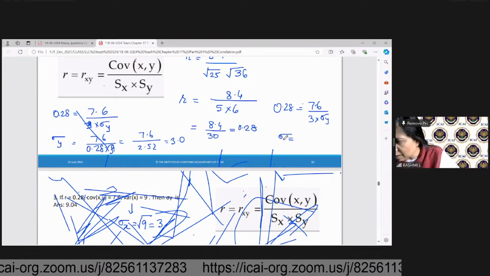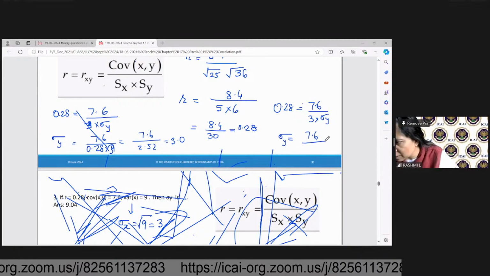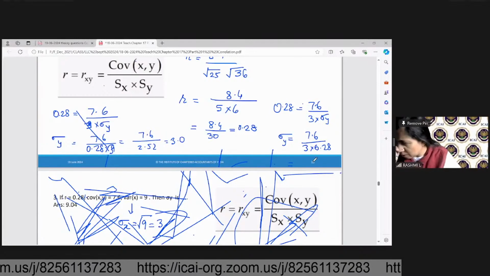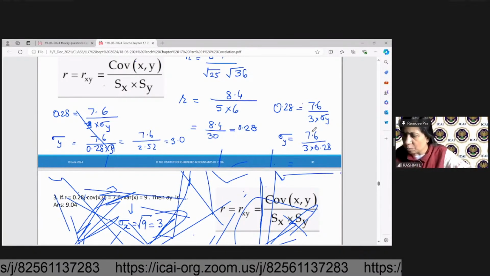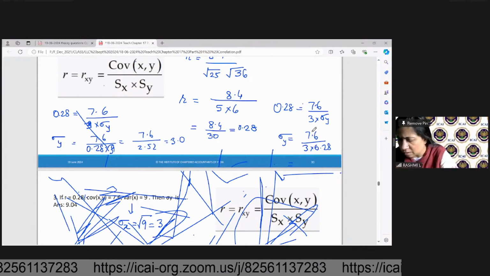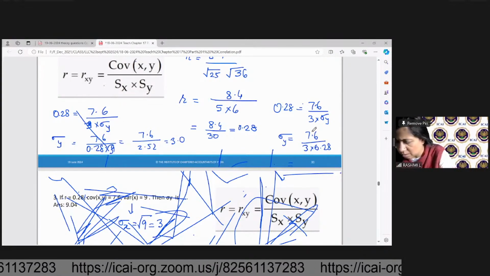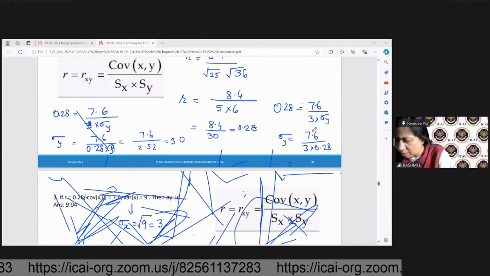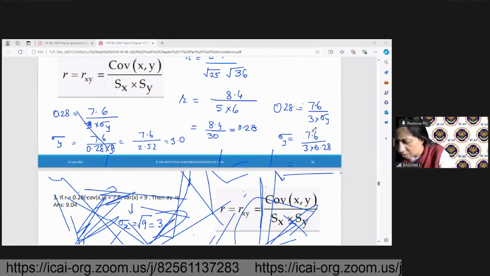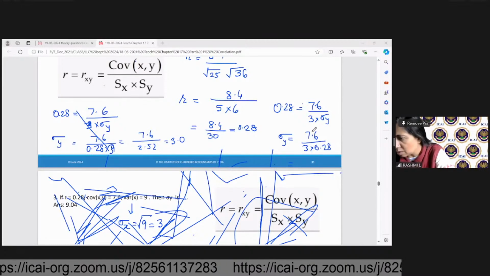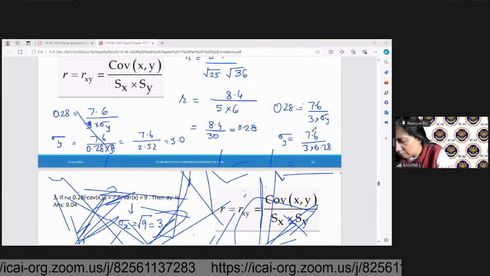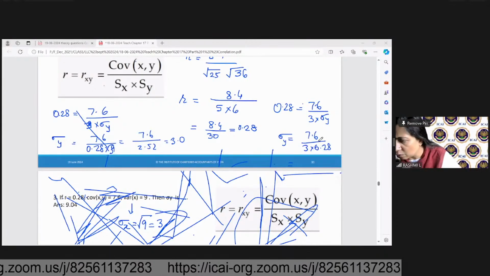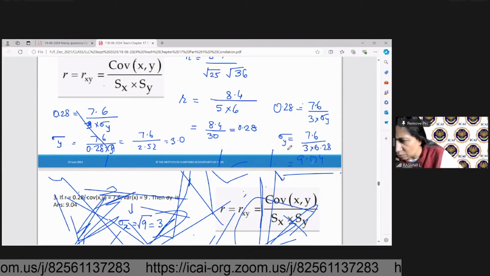So sigma y is equal to 7.6 upon 3 into 0.28, which is equal to how much? 3 into 0.28, 0.84 into 7.6. So that is 9.04.